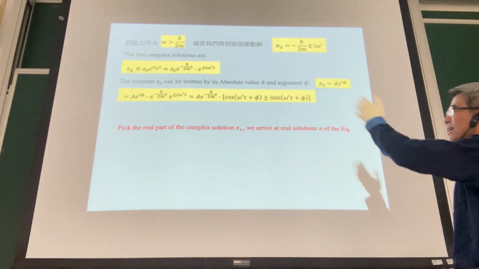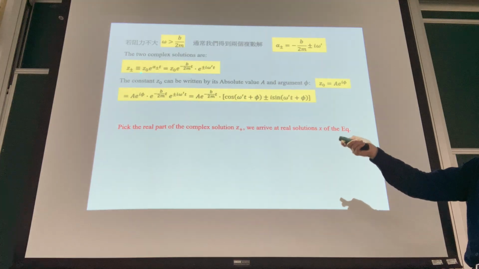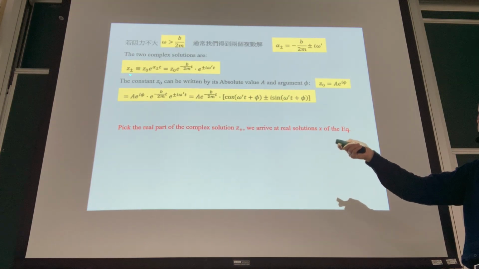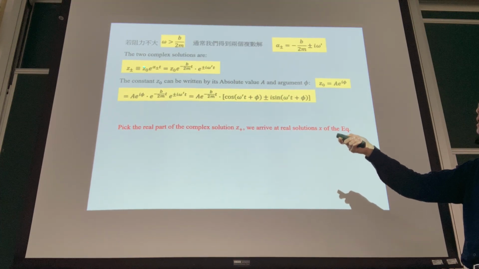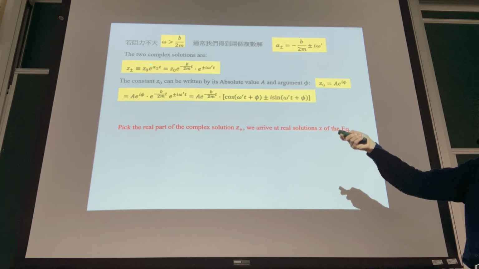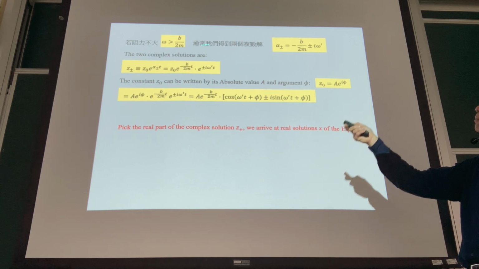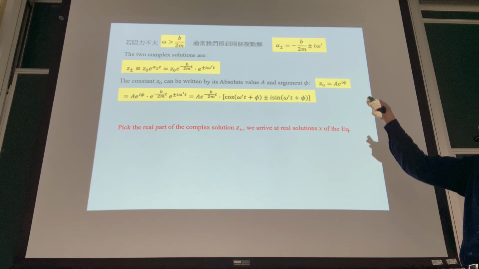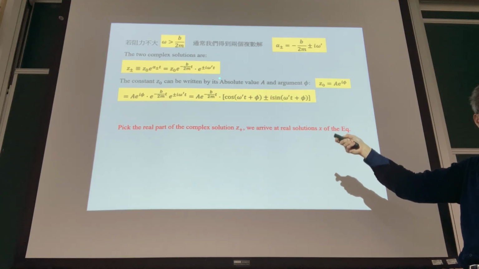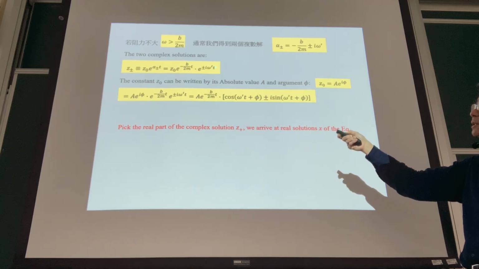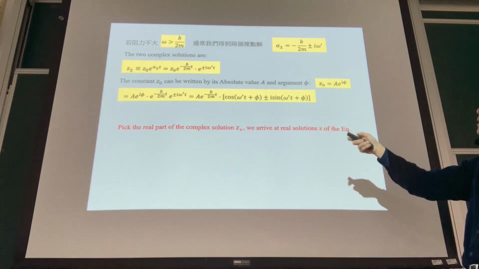Okay, so put it together. This solution, z plus or z minus, both. z is equal to z0 times e to the alpha plus or minus t. And because alpha plus or minus has a real part and an imaginary part, I better separate them into two terms.